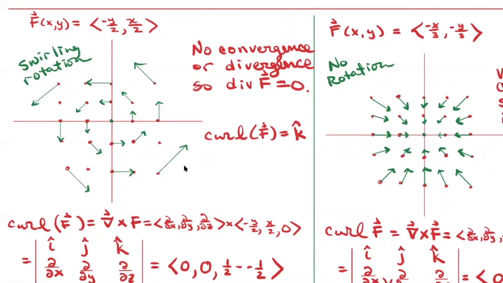And that K is the axis of rotation. Notice that if your thumb points in the direction of K, it's going to be perpendicular to this plane, pointing upward. So the direction of the rotation is determined by a right-hand rule with your thumb as the curl.